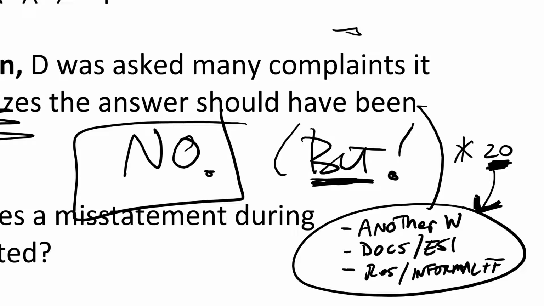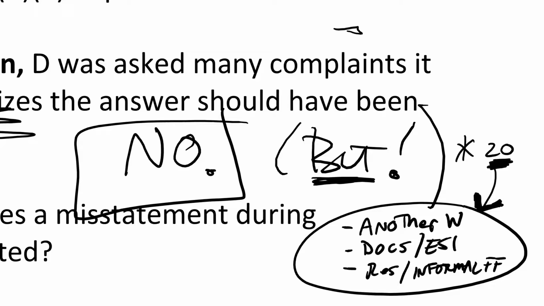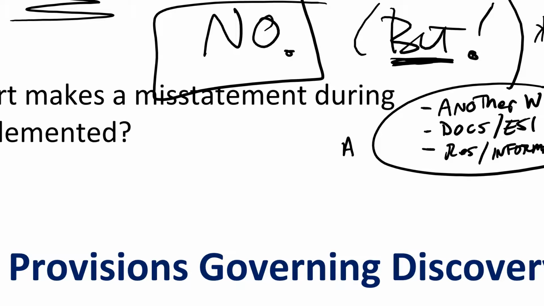Now, hopefully they weren't lying. Hopefully they were just mistaken. But you really want to clarify this because A, the information is going to come out anyway, and B, if that information comes out and you haven't been the one to correct the record, okay, then what's going to happen during trial is people are going to use your witness's wrong statement to try to paint that witness as a liar.